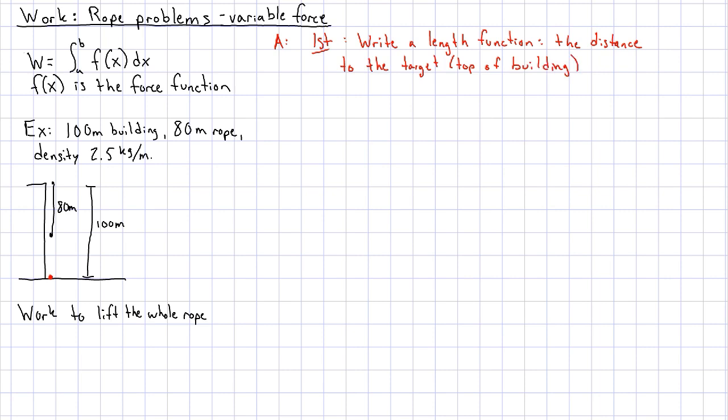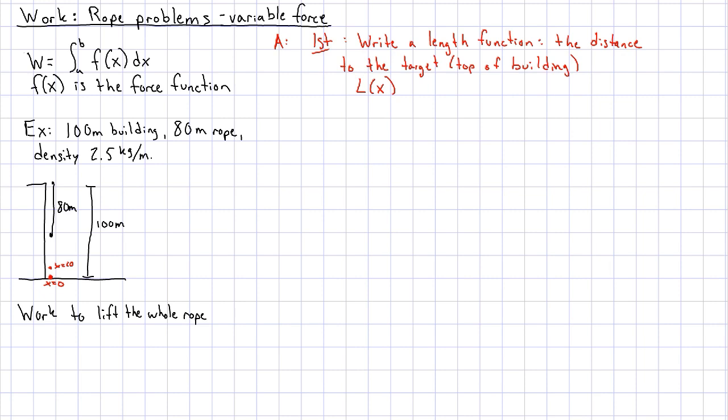So when I begin with the origin at the bottom, I need to write this function, L of x. When x equals 0, here at the bottom, I am 100 meters from my target, which is the top of the building. When x equals 10, a little bit further up, I am 90 meters from my target, from the top of the building.